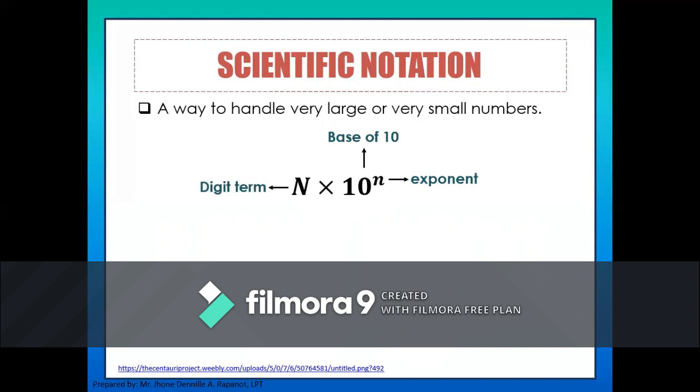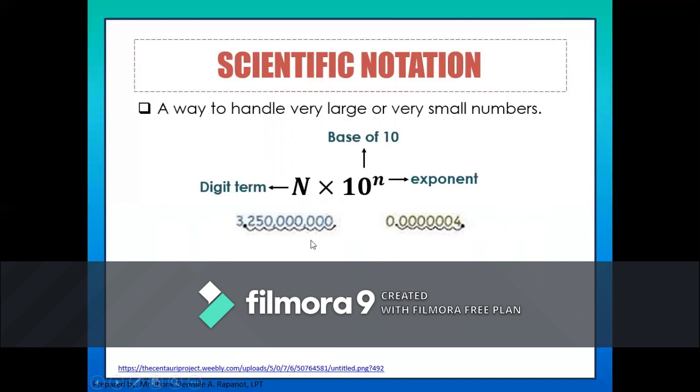Now, there are rules to consider when we are going to make the expanded form into scientific notation form. So take a look at these values. You've noticed already that there are movements done in analyzing these particular values.